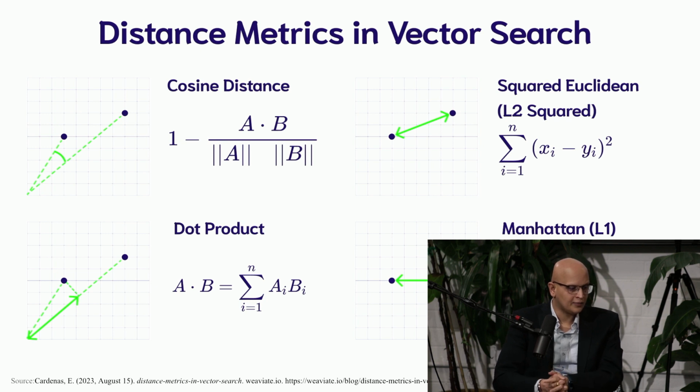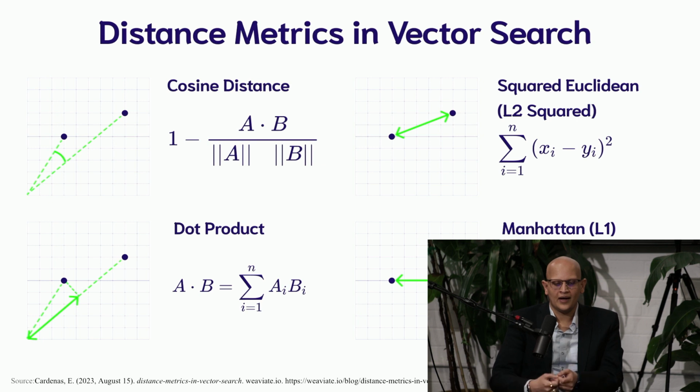For example, dot product is a metric that measures the similarity between two vectors by evaluating the sum of their coordinate products, as you can see over here. The cosine distance is the similarity between two vectors, assessing the cosine of the angle between them and comparing with their magnitudes. Then this is the most famous, Euclidean squared. We all know that we can identify the distance between 2 points with this formula.